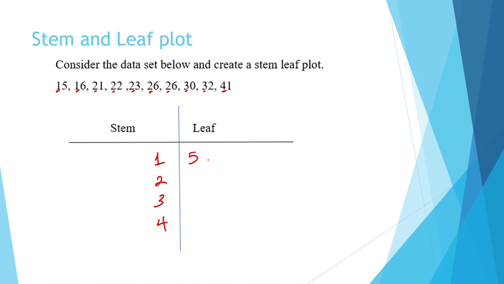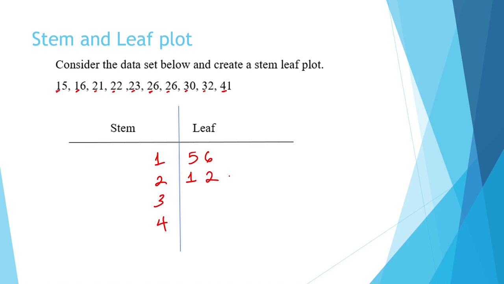16 is going to be written like this, 1 and a 6. So this represents 16. We have 21, the stem is 2 and the leaf is 1. 22, the stem is 2 and the leaf is 2.